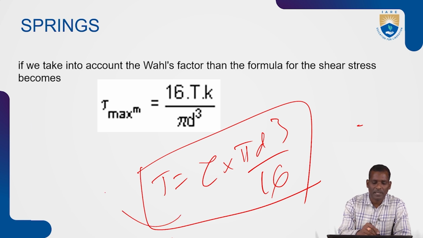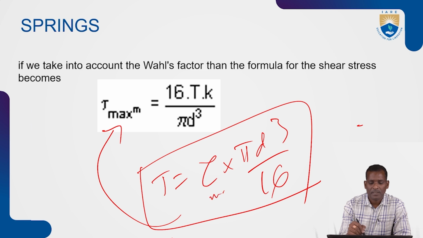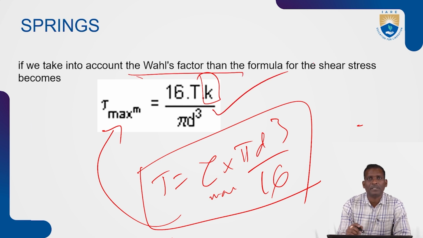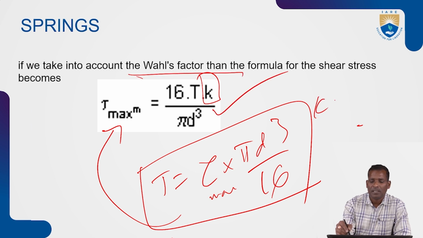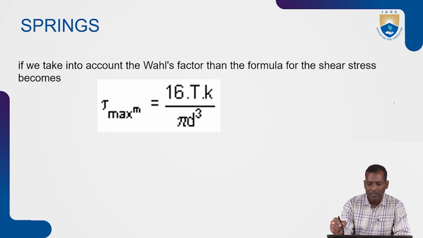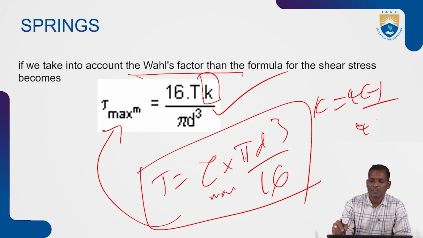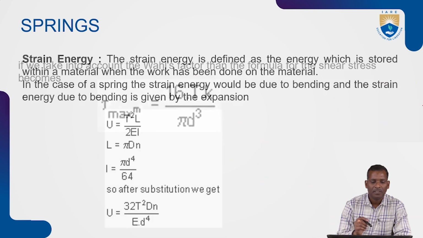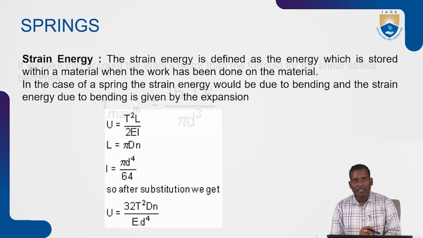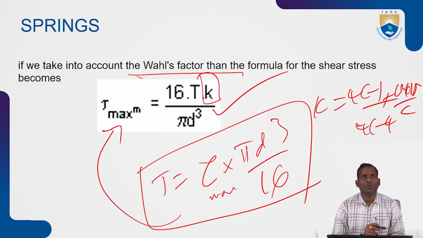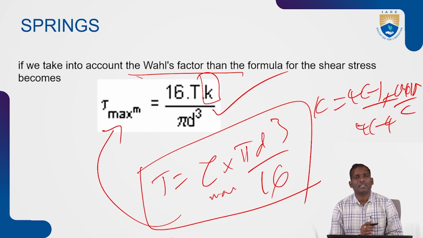So now the shear max is equal to 16T by pi d cube. Whenever you are considering Wahl's factor, multiply with K. What is K? K is equal to 4C minus 1 by 4C minus 4 plus 0.615 by C. Like this, we need to calculate the shear stress.